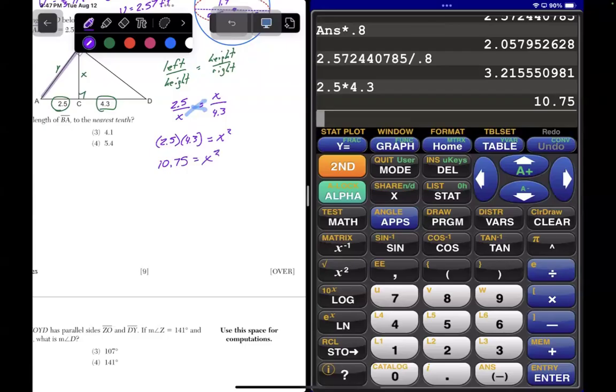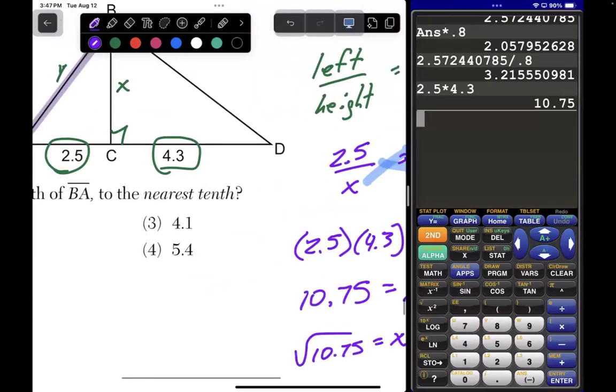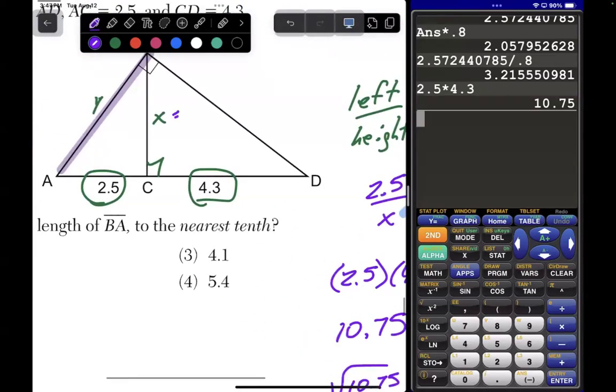If I take the square root of both sides, what am I left with? Radical 10.75 is X. I'm just going to leave it as that for now. You're probably wondering what I'm doing, so be patient. We've got this.